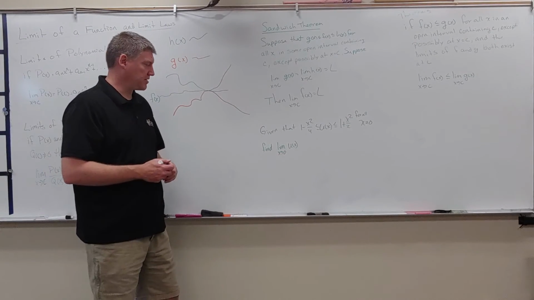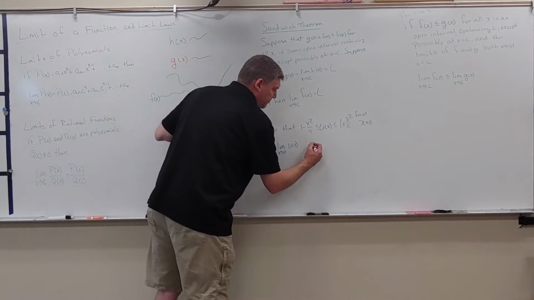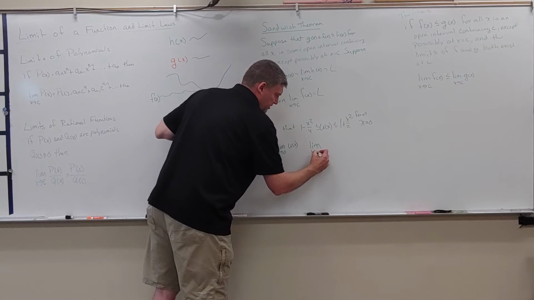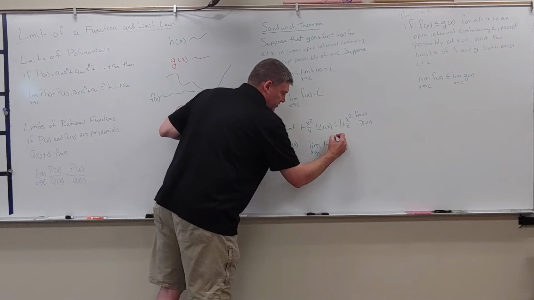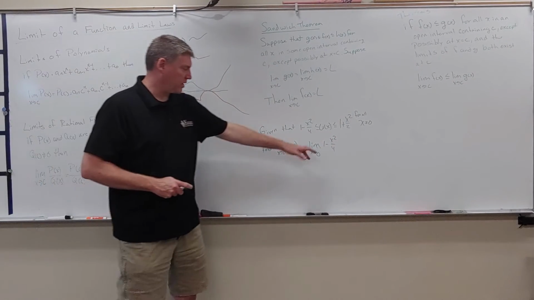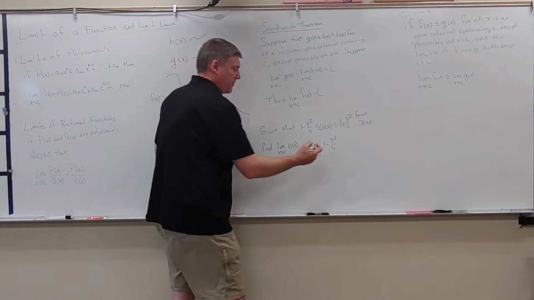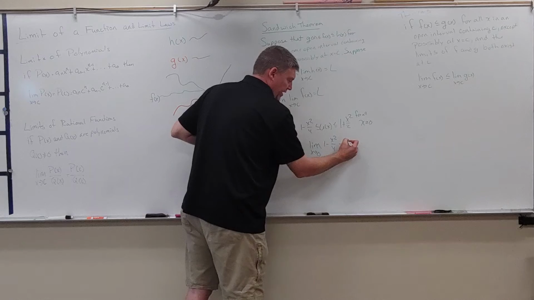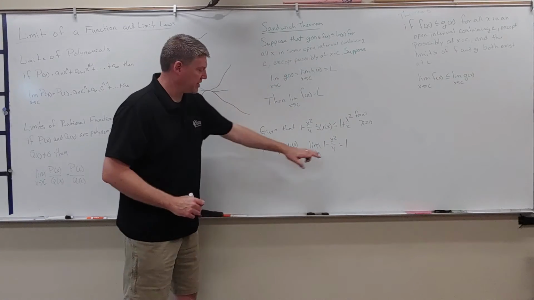So the first thing I'm going to do is find the limit as x goes to 0 of 1 minus x squared over 4. Well, this is a polynomial, so I plug it in. That's going to give me 0 squared over 4, which is 0. 1 minus 0 is 1. So this limit is 1.